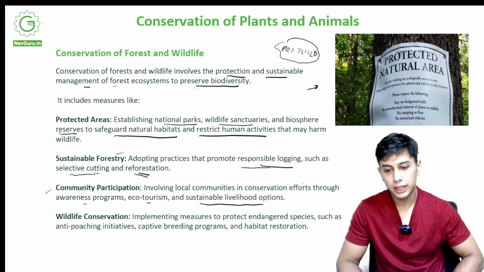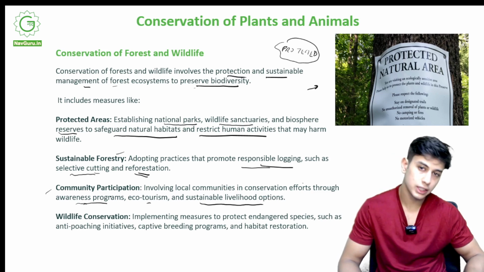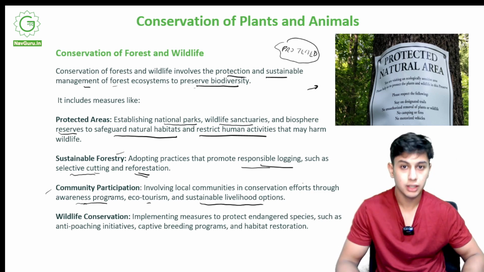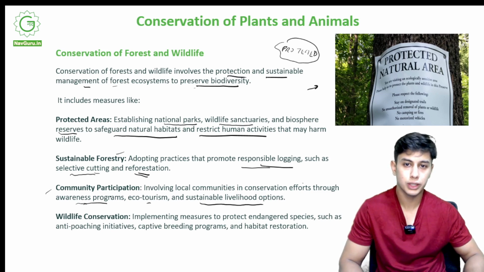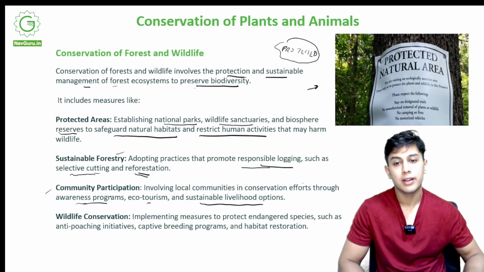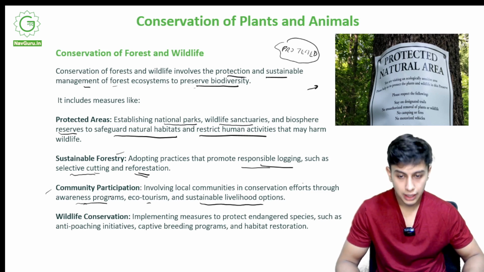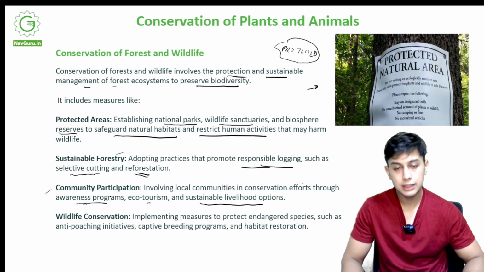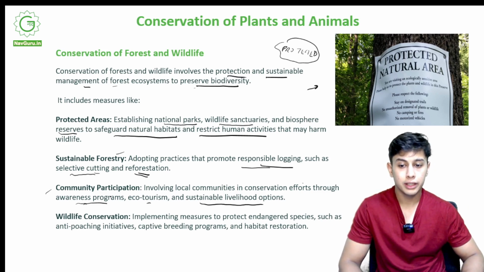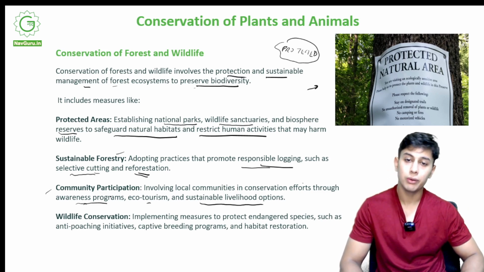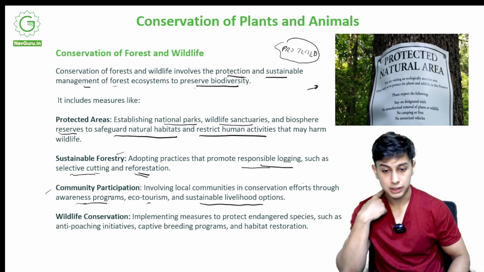So I will increase awareness. For example, if there is a village near a forest area, they are dependent on cutting the wood, on hunting animals to get their food and all. What I will do is we will try to make them aware that their active hunting can decrease the population of the animals over there. They can decrease the forest cover. I will try to have more awareness.